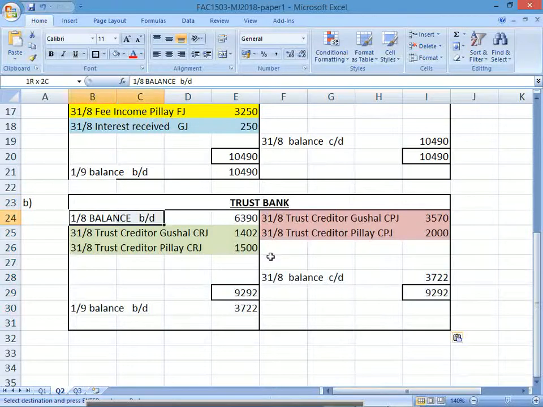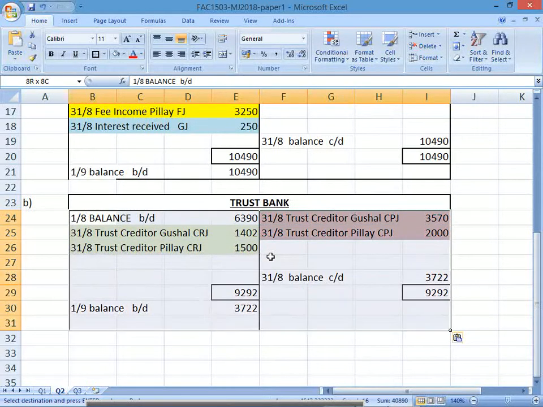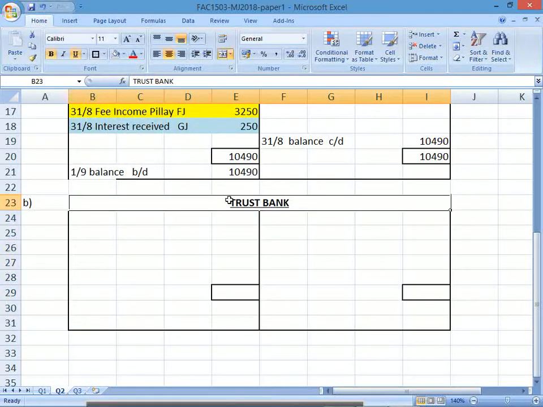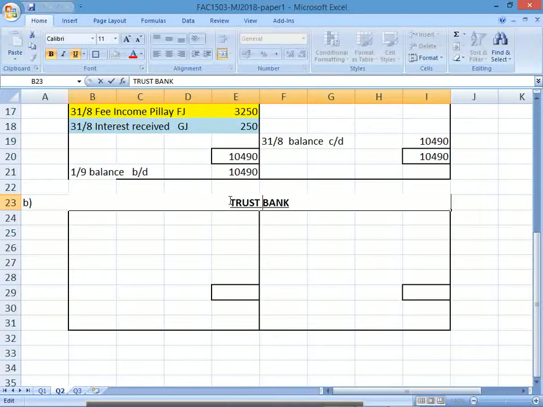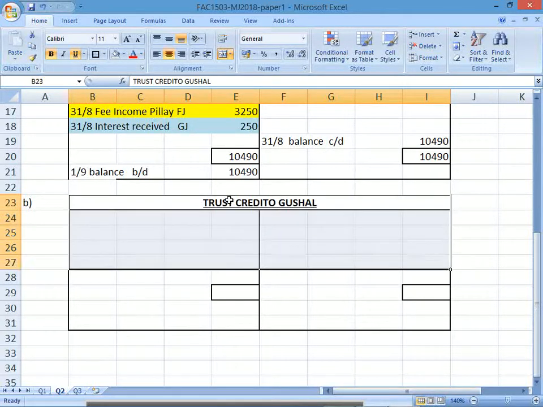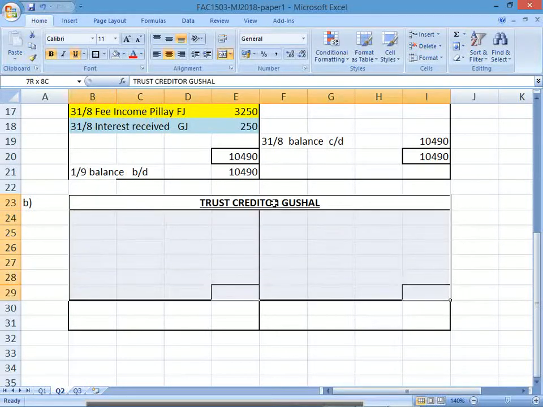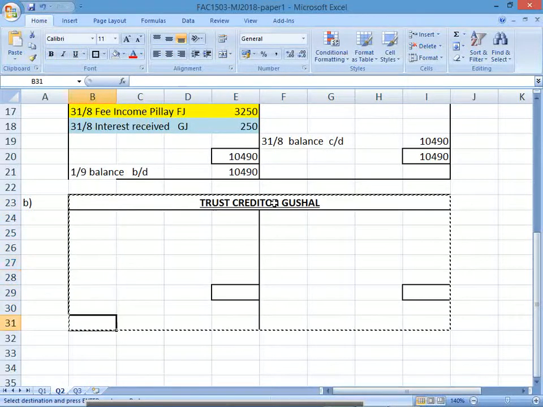Okay, let's get rid of all this. Okay, so we have trust creditor, G, Gushal. Copy, trust creditor. Okay, there we go. G and then P.